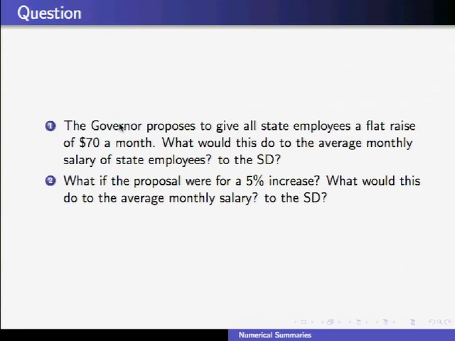So doing a 5% increase is like multiplying everyone's income by 1.05. And so that would increase the mean by a factor of 1.05. And what does it do to the SD? It's the same, right? Is that what you were going to say? Yes, it multiplies the SD by 1.05.